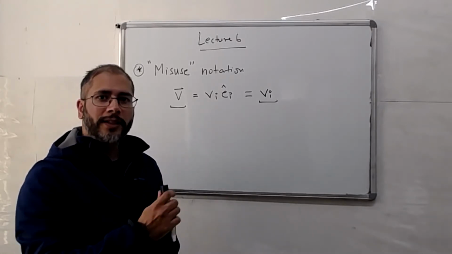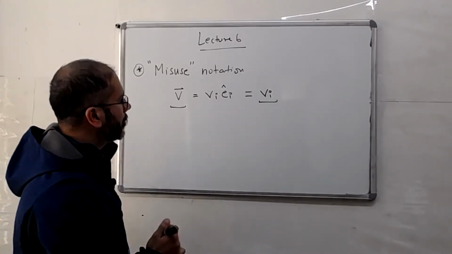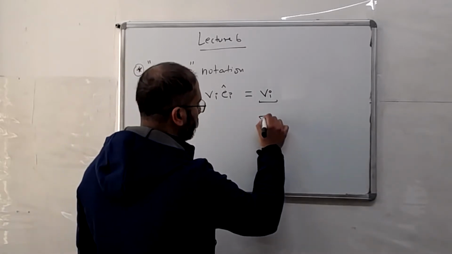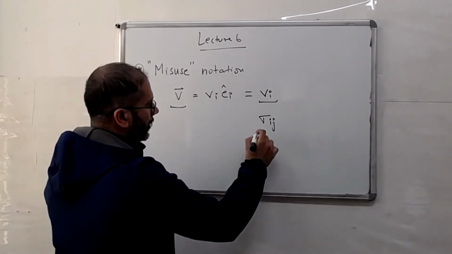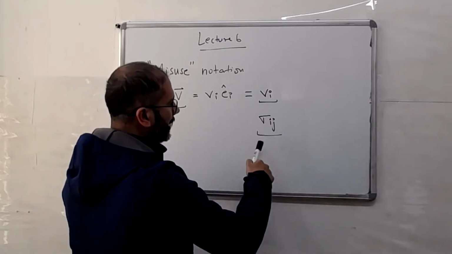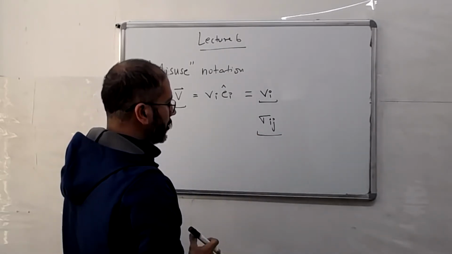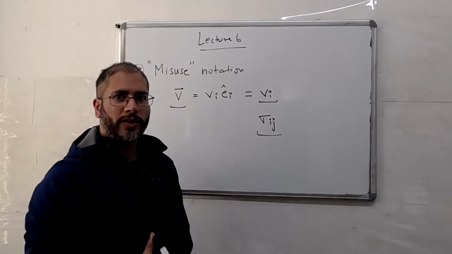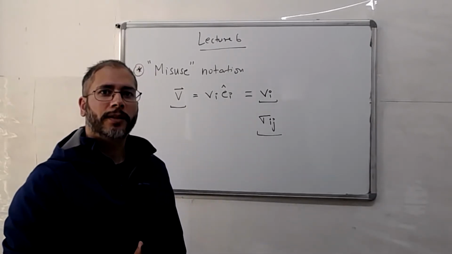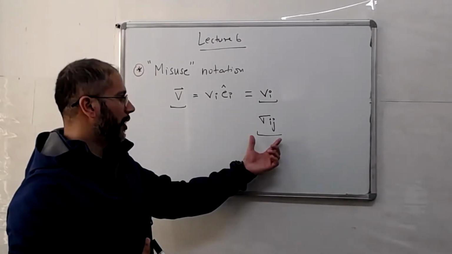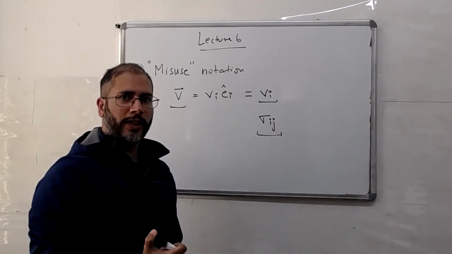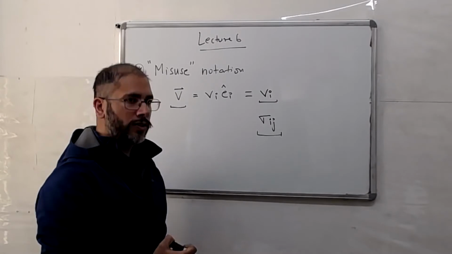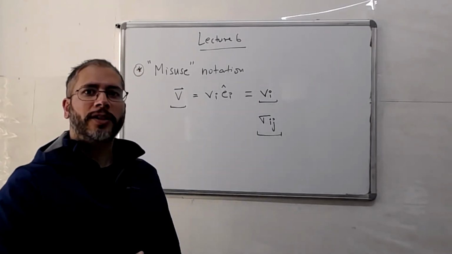The reason behind this is that if you have, let's say, another quantity sigma ij, I can count the number of free indices. In this case the number of free indices is 2, so that makes it a second order tensor. Just writing sigma ij by itself, in some situations we will say that the stress is denoted by a second order tensor sigma ij.